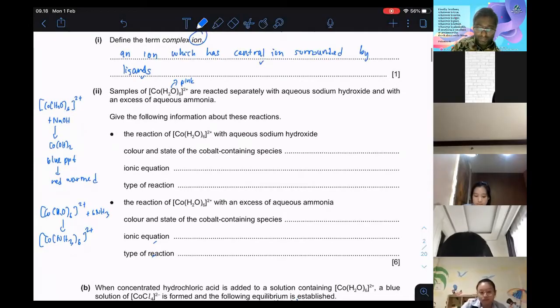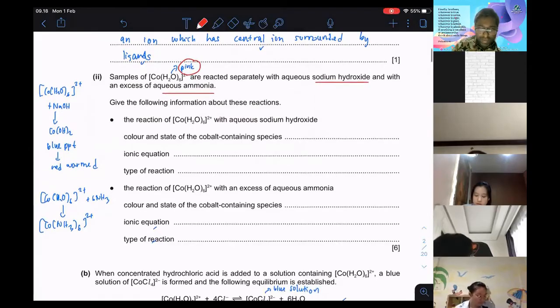Now, samples of this are reacted separately with aqueous sodium hydroxide and with excess aqueous ammonia. Please remember that the cobalt complex ion is always going to be pink in color. This is very, very important. Then you are reacting with aqueous sodium hydroxide and aqueous ammonia.